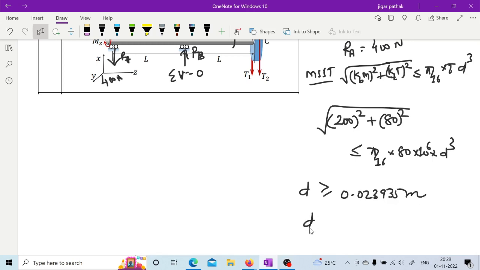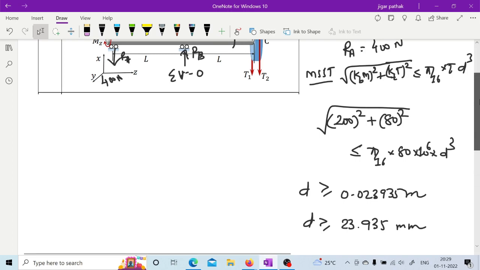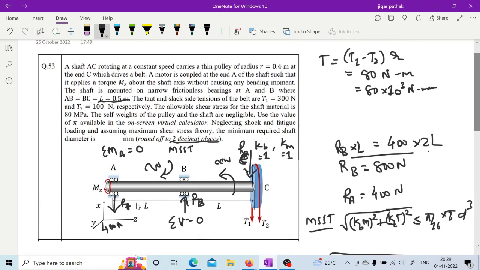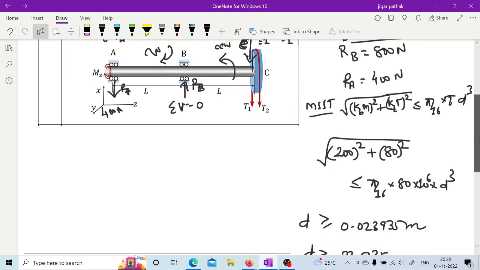It means it should be greater than or equal to 23.935 mm. So your answer may be 23.94 mm. Is it okay? Yes sir.